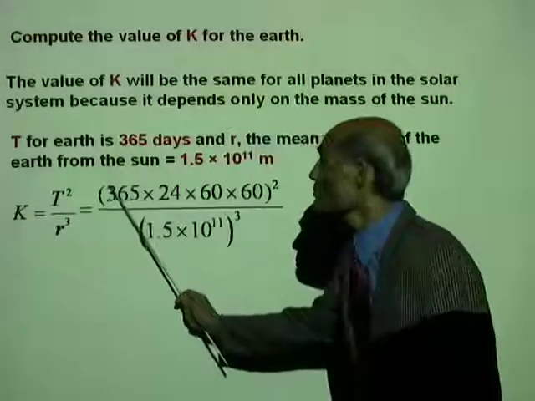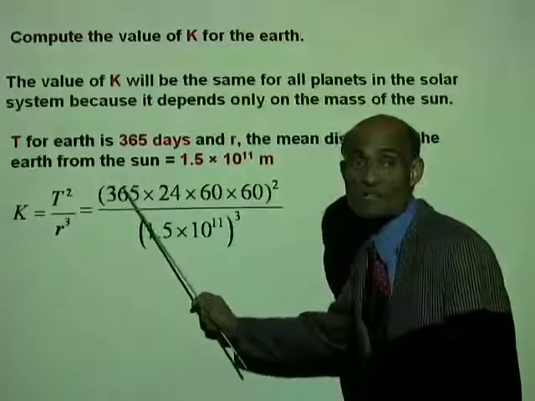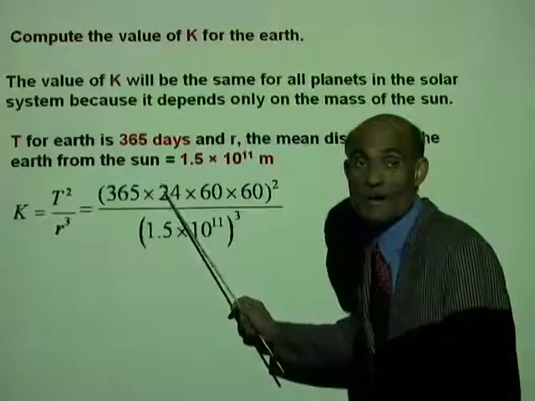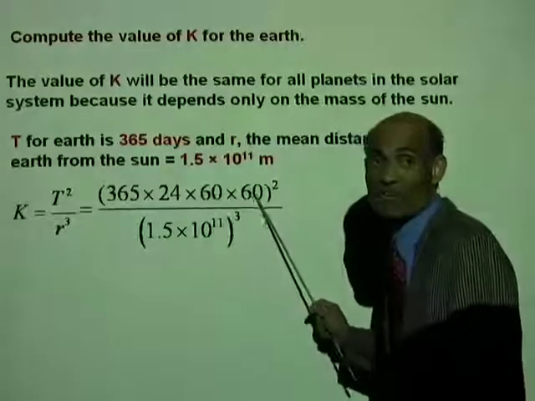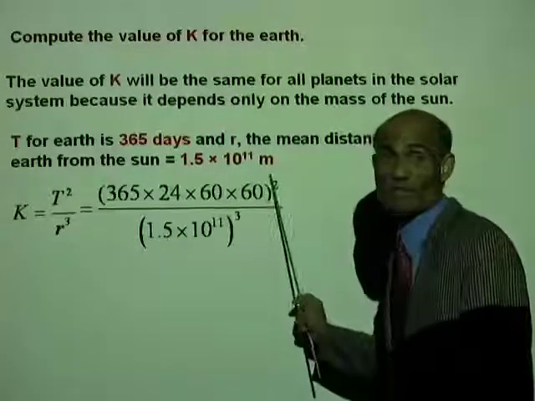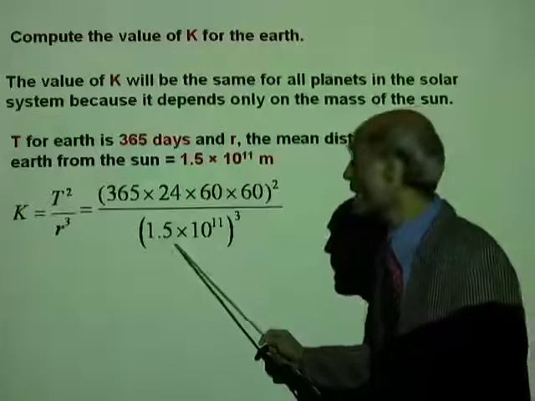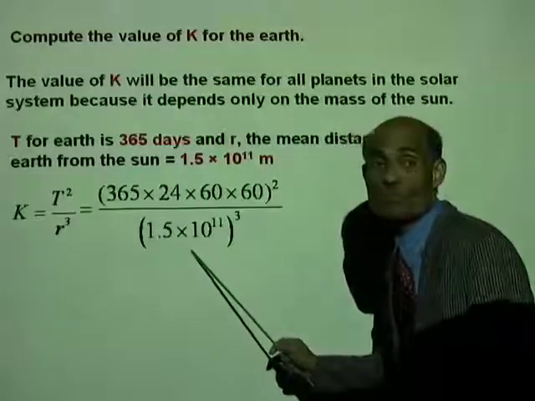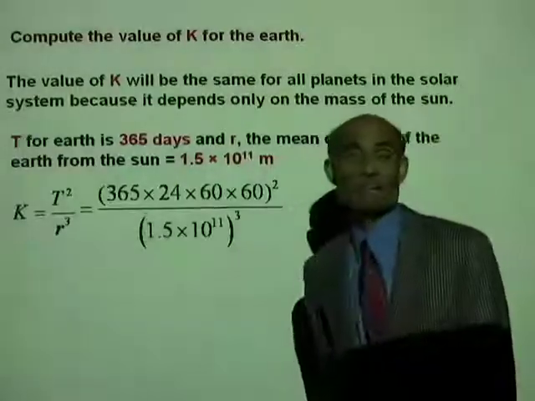This is the period, 365 days, converted to hours and seconds, and then squared, divided by R cubed. R is 1.5 times 10 to the 11.